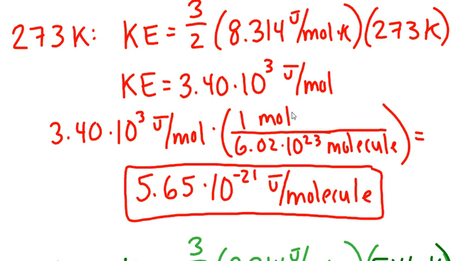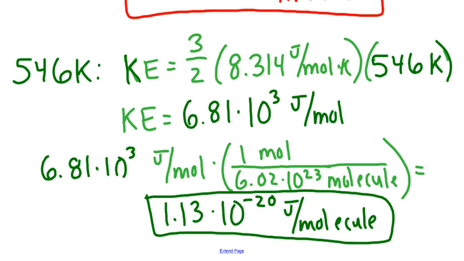So we cross out moles, and then we get to molecules, so this divided by 6.02 times 10 to the 23rd gives us 5.65 times 10 to the negative 21 joules per molecule. And it makes sense that it is a really small number because we're only talking about 1 molecule here. So that's why you have to pay attention to the fact that you're dividing. So at 273K, both gases have this average number of joules per molecule.